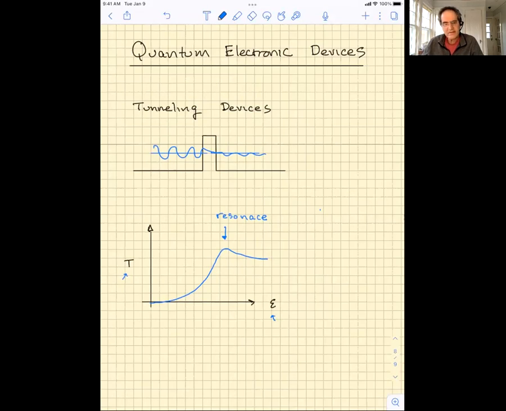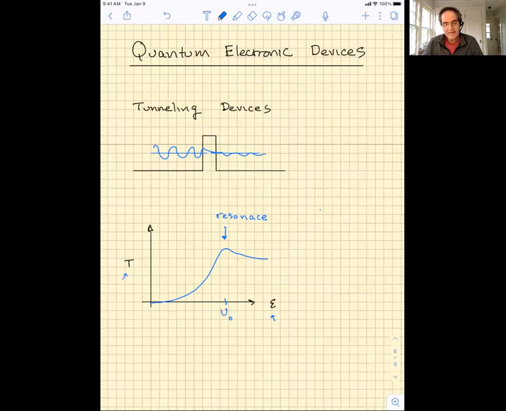This occurs because at the point where the electron energy exactly equals the energy of the barrier, there's no tunneling. There's also no reflection from the barrier. But at higher energies, electrons can still reflect from the barrier, even though the energy exceeds the energy of the barrier. So we get a resonance, particularly exactly at this point. Okay.